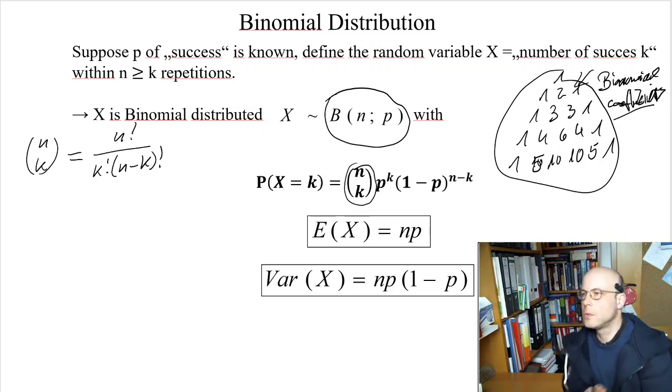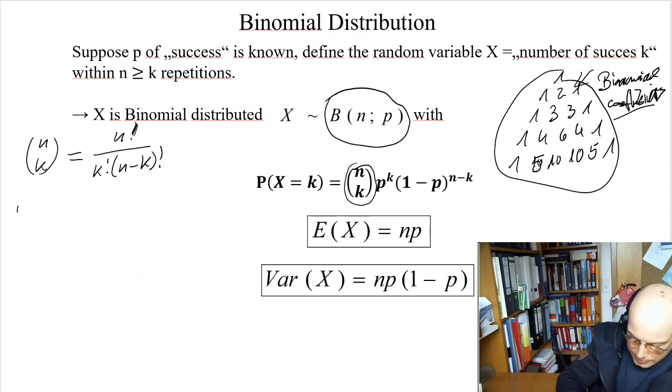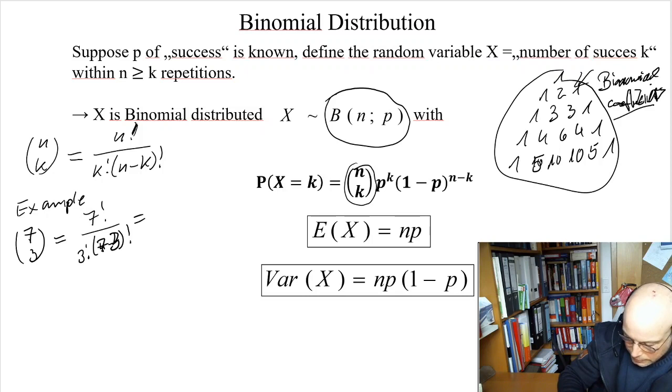All of you know what is meant by factorial. So let's say, as an example, 7 over 3 equals 7 factorial over 3 factorial times 7 minus 3 factorial.